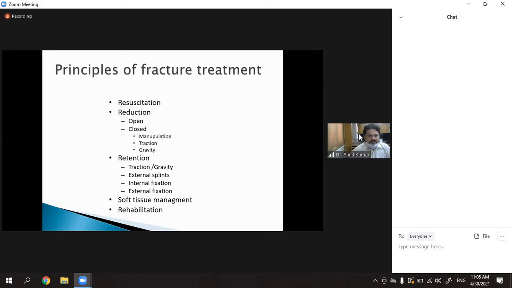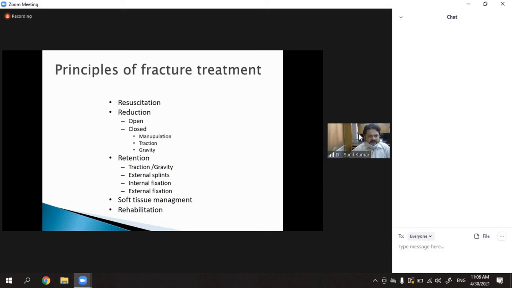There are certain principles of fracture treatment after resuscitation. Following the ATLS protocol, we have to reduce the fracture, either by open reduction or closed reduction. Open reduction means we open the fracture site and reduce the fracture. In closed reduction, we do manipulation, traction and counter traction methods, or gravity methods to reduce the fracture.